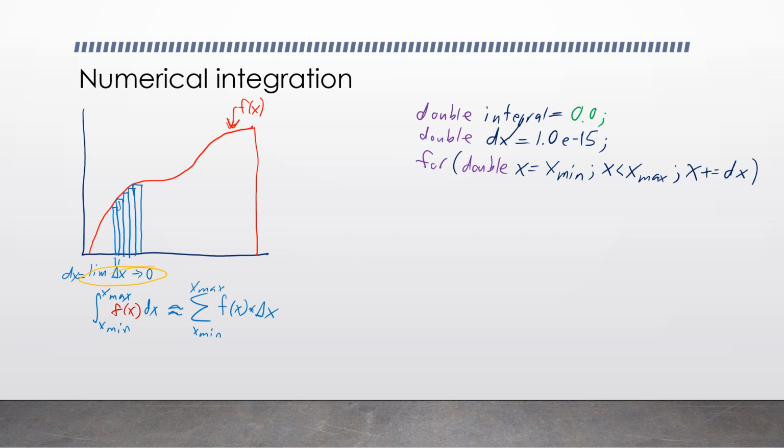Inside that for loop, all we have to do is say integral plus equals f of x times dx. And then at the end we report the integral. We might print out something like, area of the airplane wing is blank square meters.